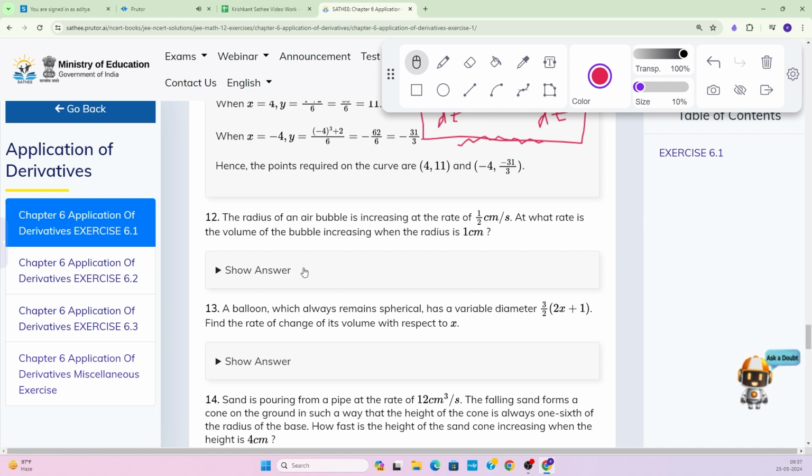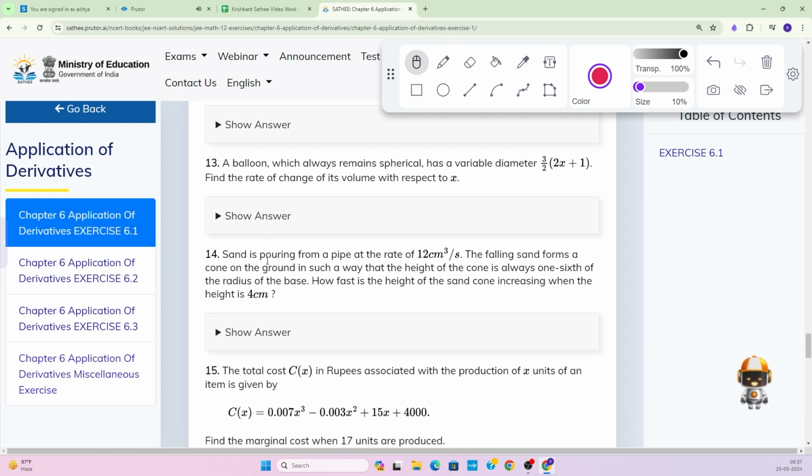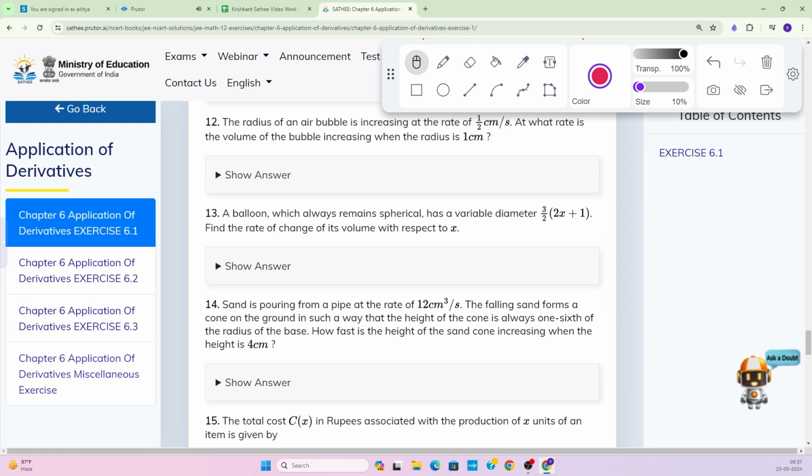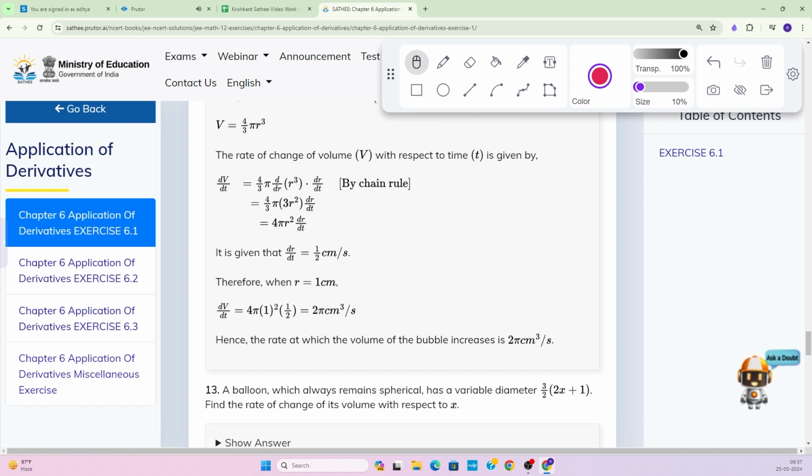dv by dt will be 4 pi r square multiplied with dr by dt. Now put the respective values, you will get your answer. So let's see. As you can see, v is equal to 4 by 3 pi r cube, dv by dt is equal to 4 pi r square dr by dt, as I have already told you.